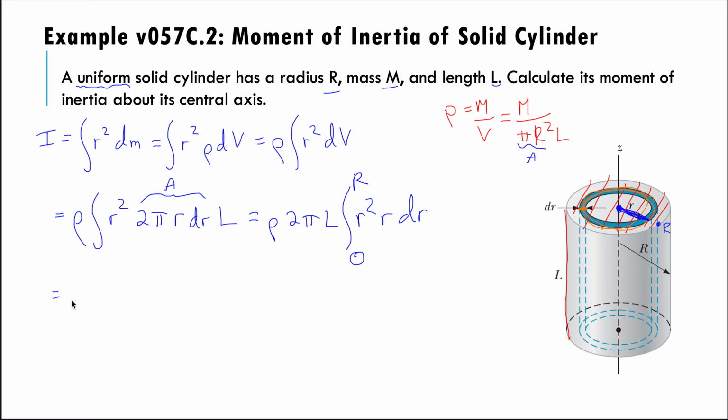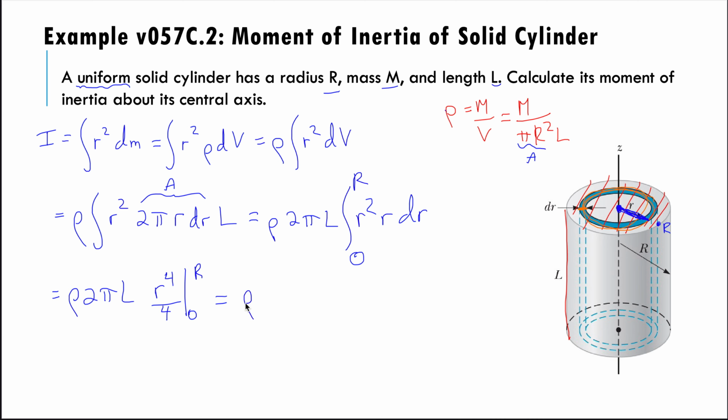Let's go ahead and perform our integration. We're going to have the integral of r cubed dr, which is going to be r to the 4th over 4 from 0 to R. And now we can plug in our limits.